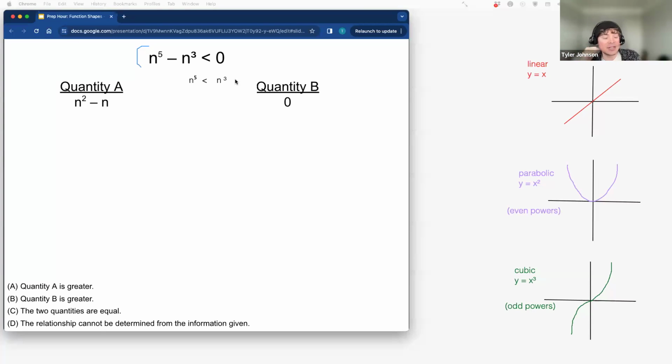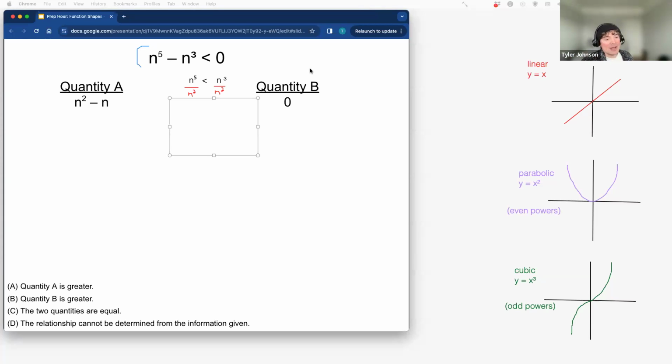But I can actually take it a step further. Because these are both bases of n, I can divide out an n squared from each side. Now, why am I dividing n squared rather than just a single n? Good. I see some people getting this in the chat.